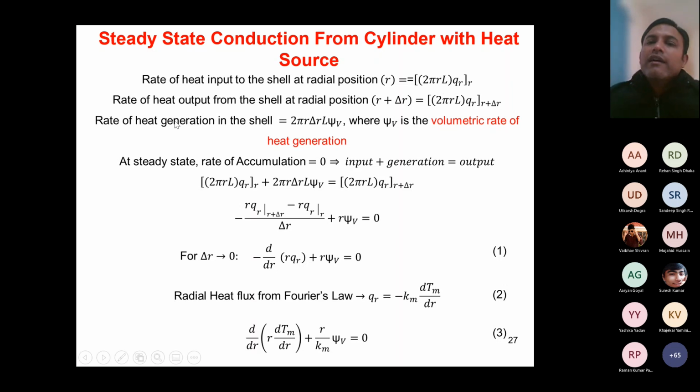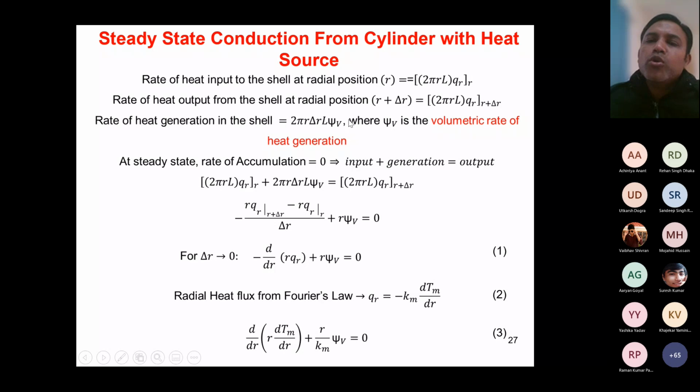Okay, so the rate of heat output from the shell at a radial position R plus delta R is going to be again area 2 pi RL into the heat flux q_r at a radial position R plus delta R. And what is the generation term?